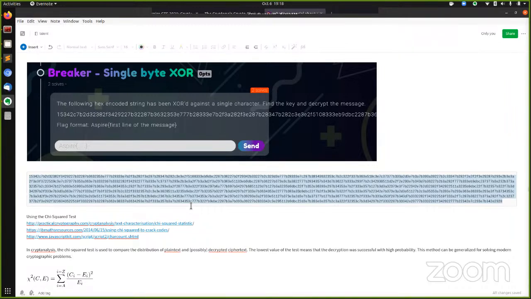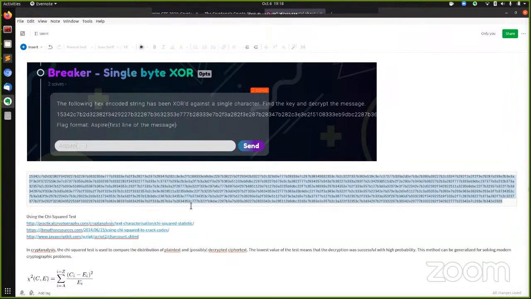So the resulting ciphertext will also differ by one bit. What the chi-squared test exploits is that if I XOR a certain sentence, the resulting ciphertext will have the same distribution as the plain text.